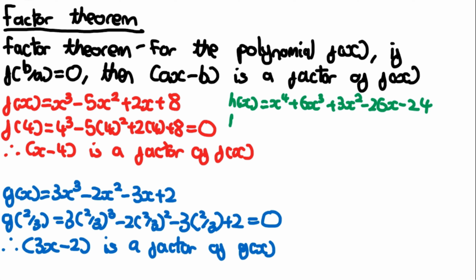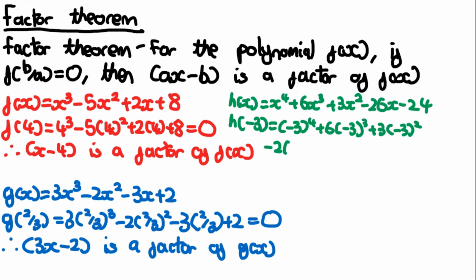If we do h of minus 3, this is going to be equal to minus 3 to the power of 4 plus 6 times minus 3 cubed plus 3 times minus 3 squared minus 26 times minus 3 minus 24, and if you put this into a calculator, this is equal to 0.